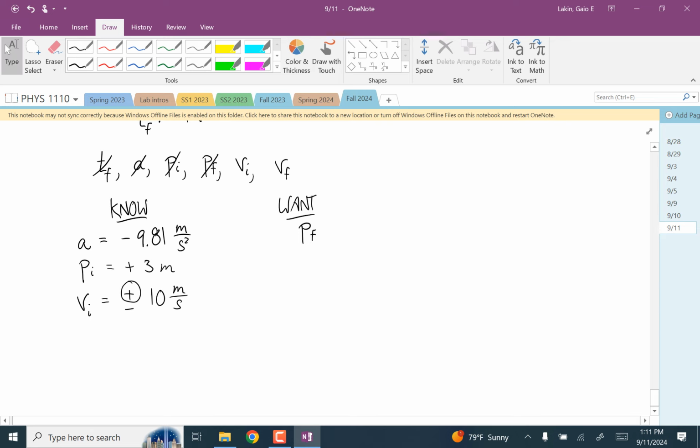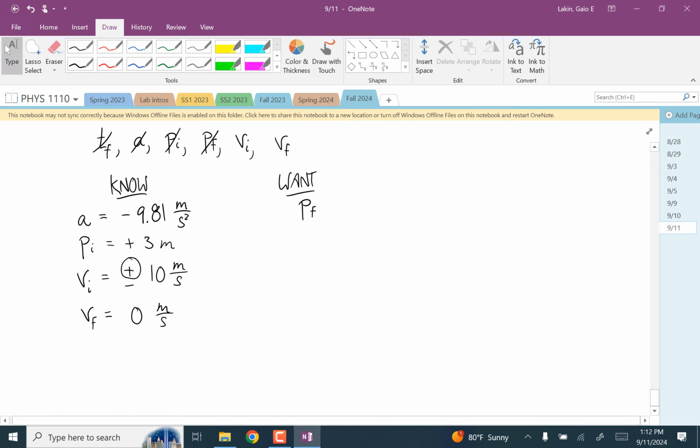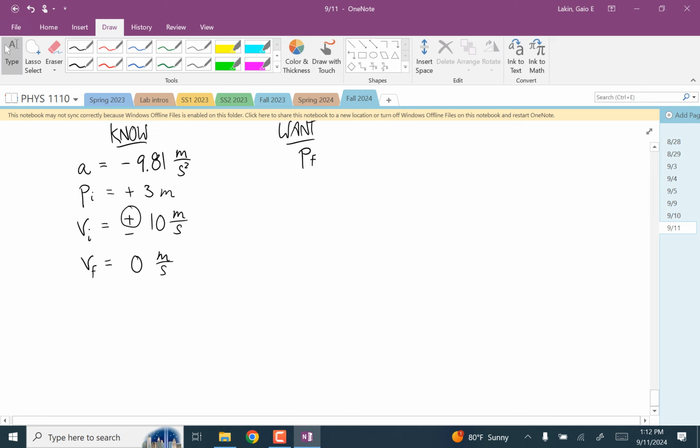And then the last one, this is the one we've been waiting for. The final velocity, do we know what that is? 0, yep. And so now is there an equation that has PF in it and everything else in it is known? The one that's going to work, yep, is that third equation.